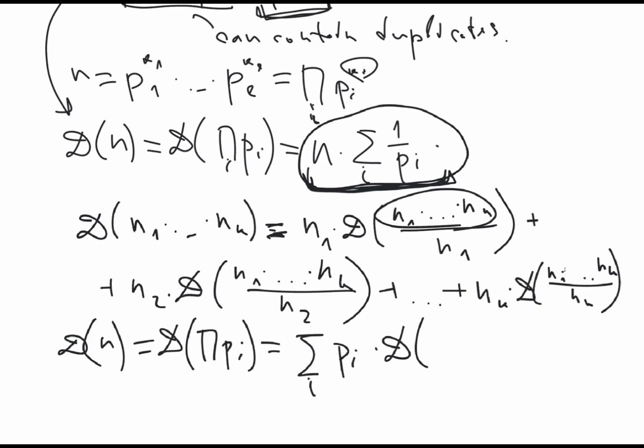The original number. So the original number is n over pi, right? So I directly rewrote this formula here, and no, excuse me, no, this is not correct.